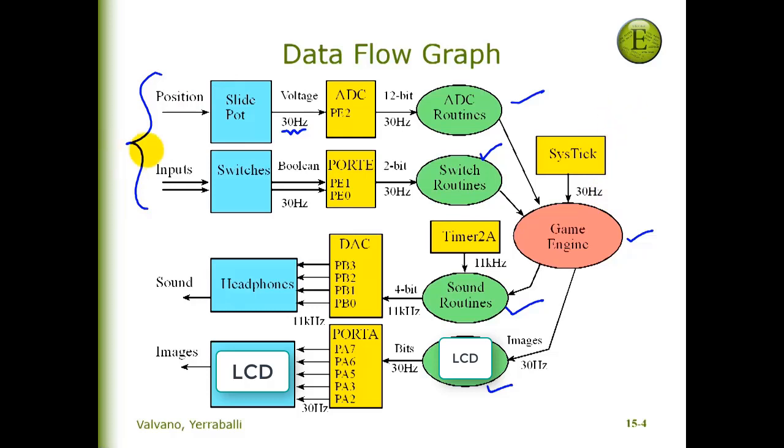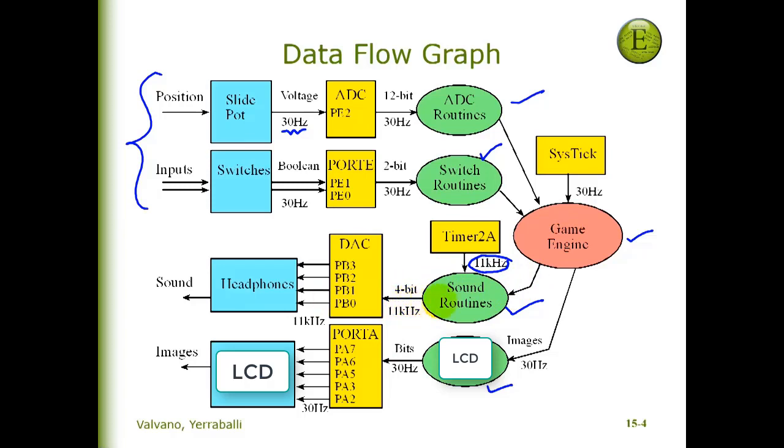And this is what comes into the system, and this is what goes out of the system, which is sound, which in our case is going to be 11 kilohertz. Obviously, sound requires more demanding timing, so we have that flowing the other way. So you see that we're using a 4-bit DAC.